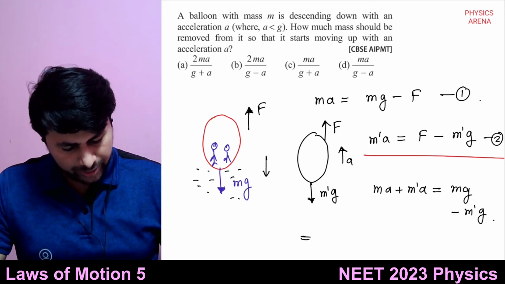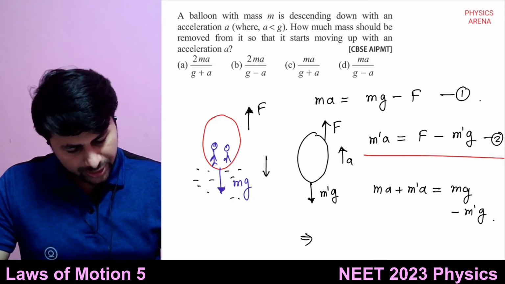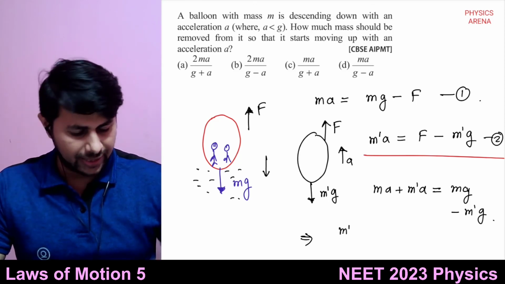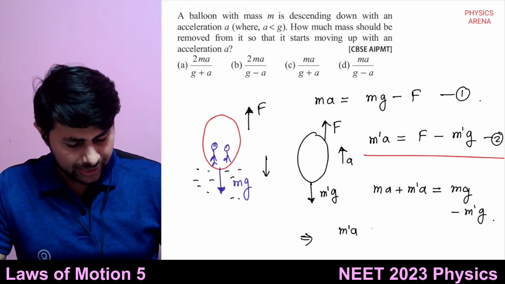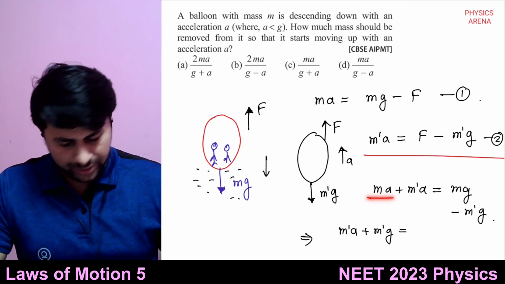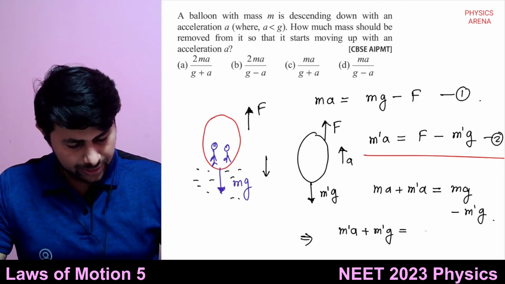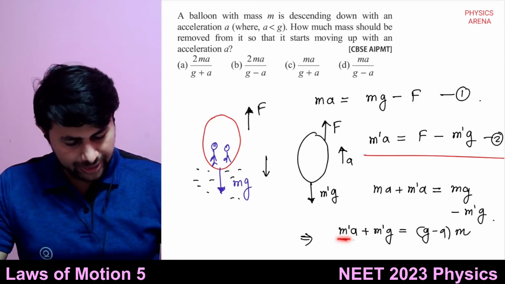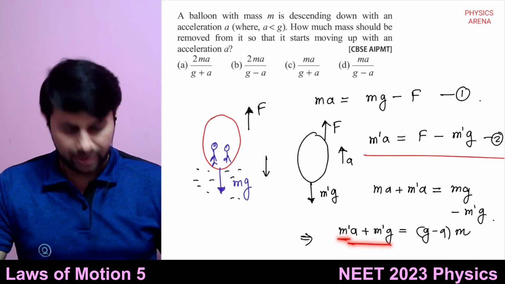So from here I get the formula for m dash. So m dash into g I can take on the left hand side. So m dash times a plus m dash times g is equal to, I will take this ma on the right hand side, g minus a multiplied by m.